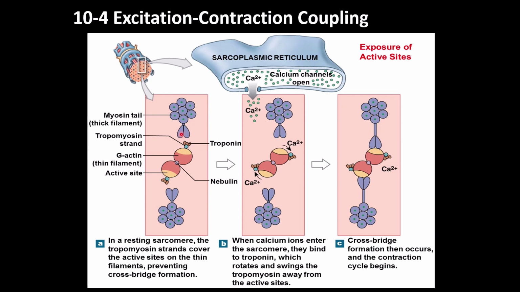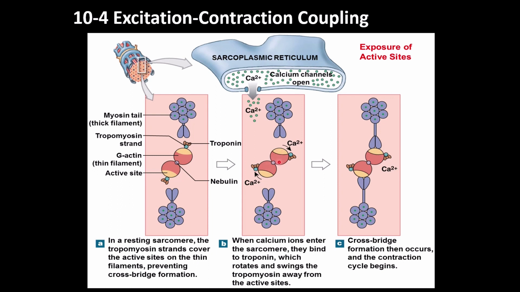No connection between myosin and actin will happen here. Once the calcium enters from the sarcoplasmic reticulum, the calcium attaches to troponin, and troponin moves tropomyosin. Once the tropomyosin is moved, the active site of actin is exposed.